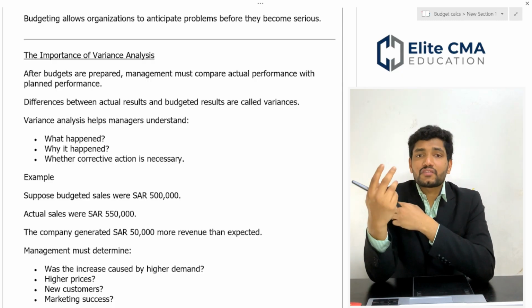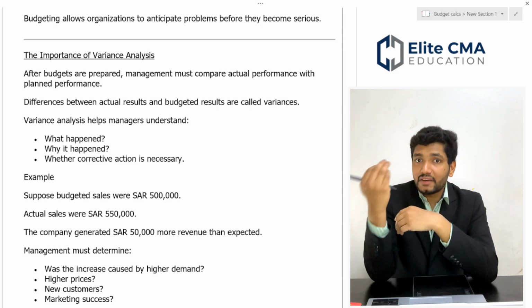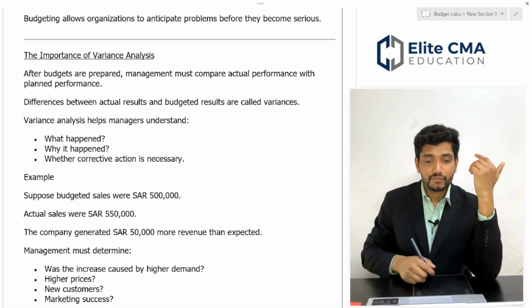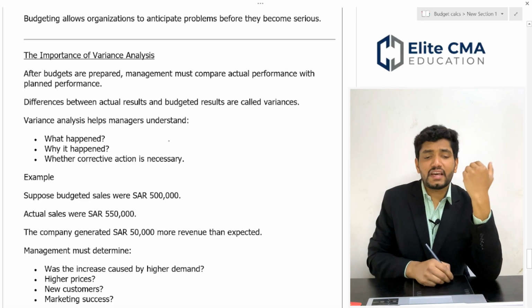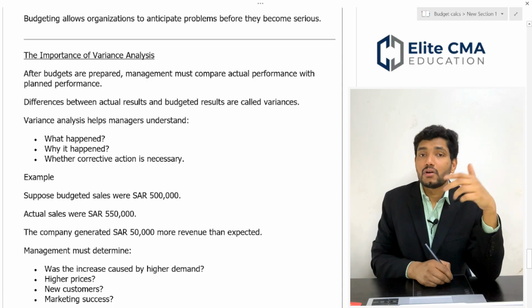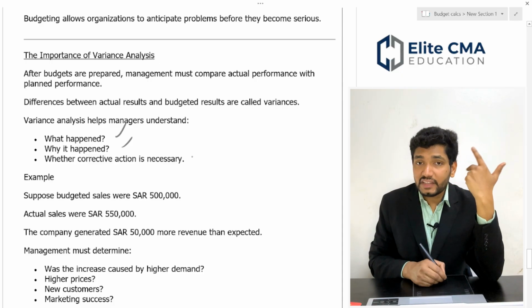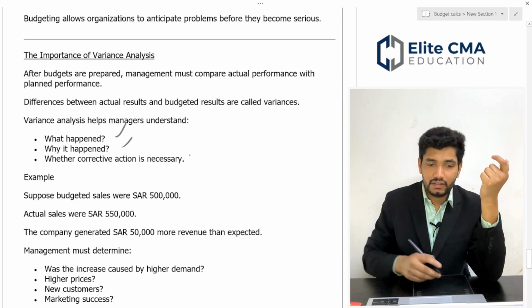Is there any variance or deviation from the standard? It has to be addressed and corrected immediately. Variance analysis helps management understand what happened, why it happened, and whether any corrective action is required.